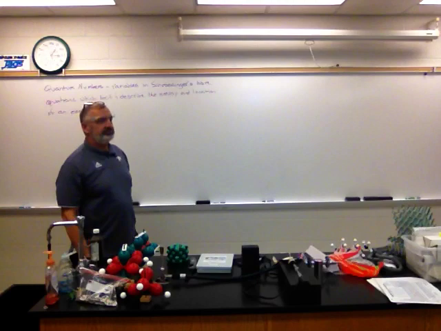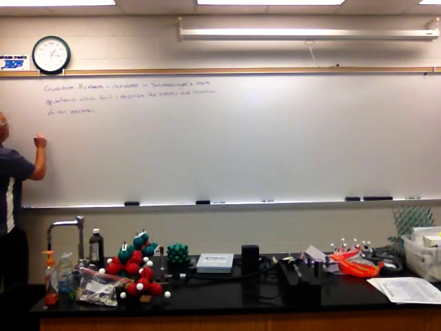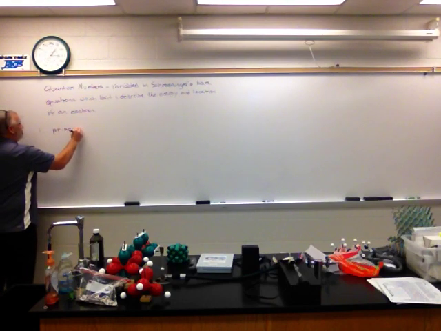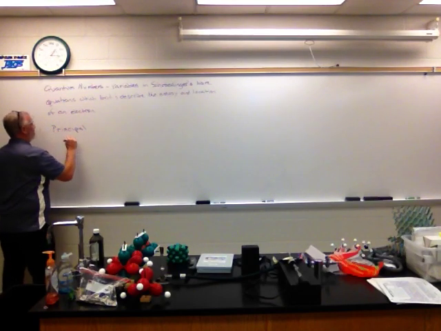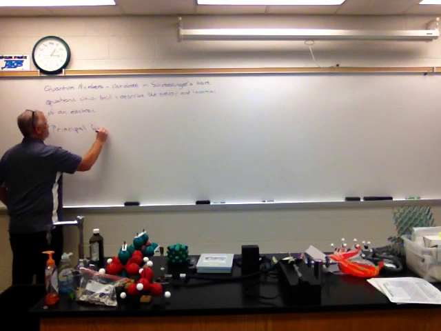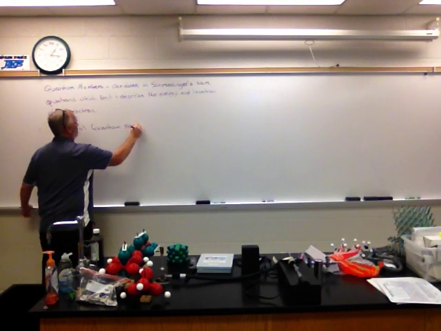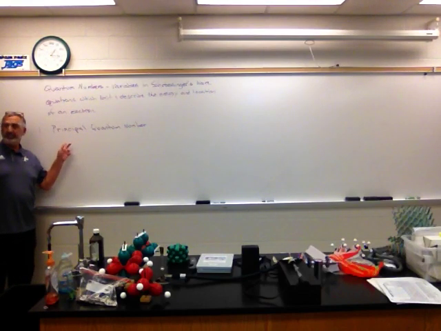All right, 4 variables. The first one is the principal quantum number. Here we go, capital P. When you spell it principal, what does that mean? Main. Okay? Mr. G is the main guy. He's the head guy.